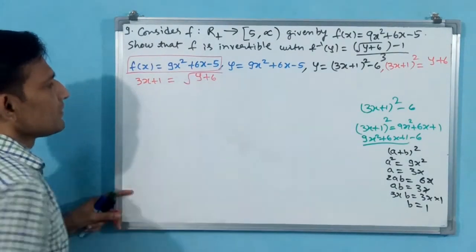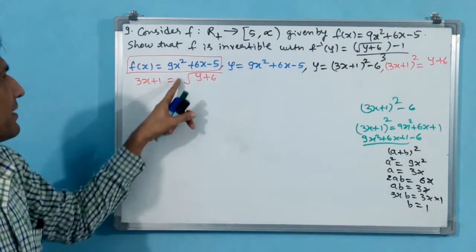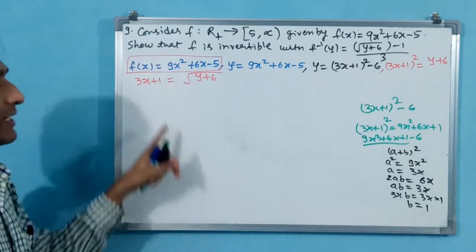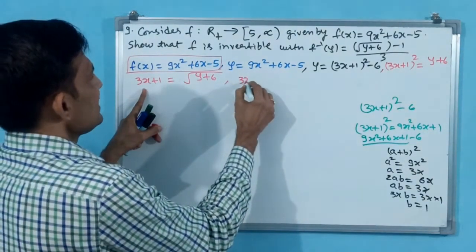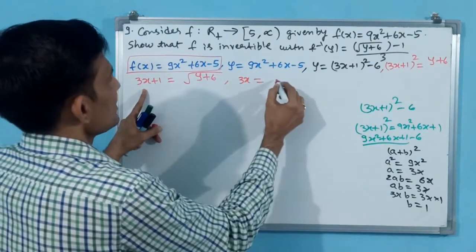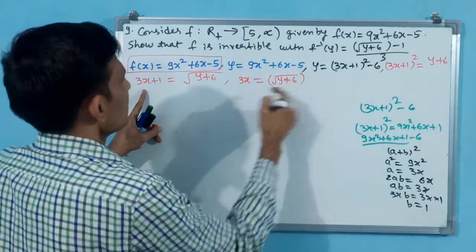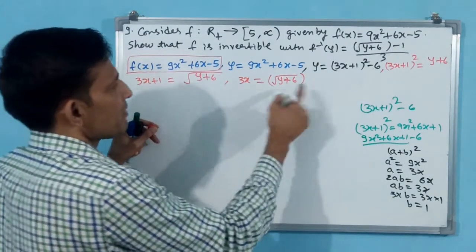Y is positive here, so plus or minus won't come, we take plus only. Then 3x is equal to square root of y plus 6, this 1 goes to this side. Minus 1 is coming, that is why you keep it in brackets.